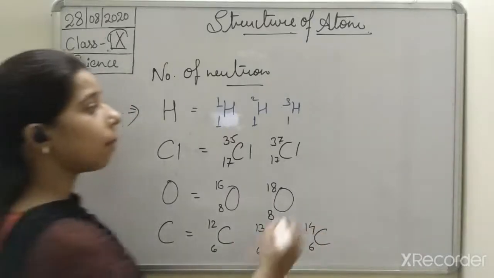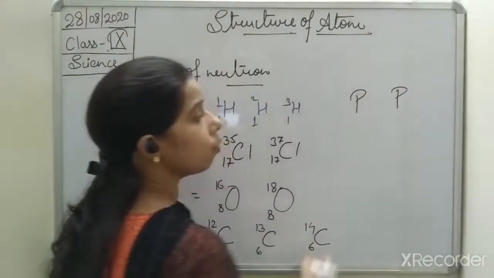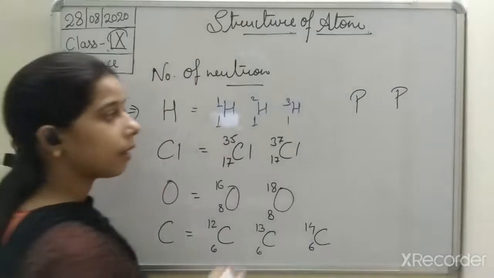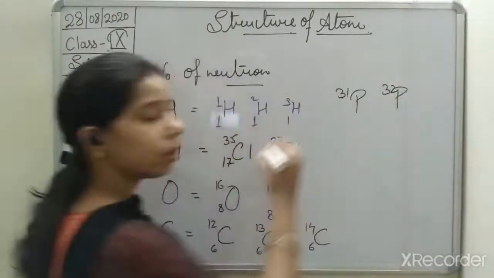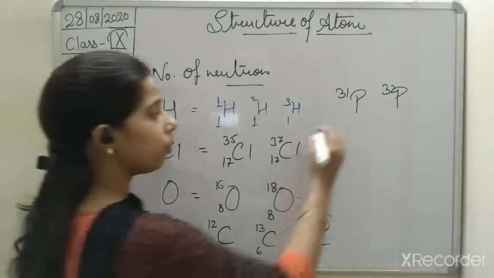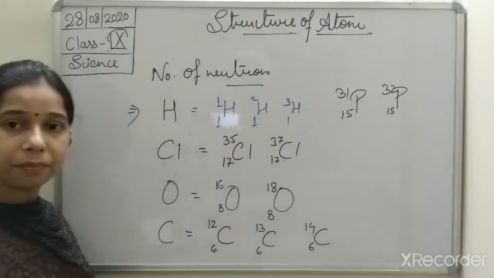Phosphorus also exists in two isotopic forms, phosphorus 31 and phosphorus 32, and both have the same atomic number, 15.